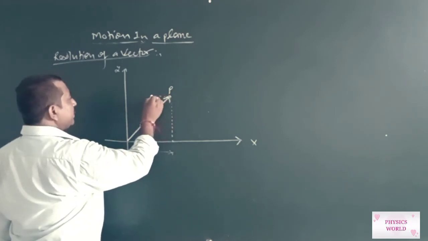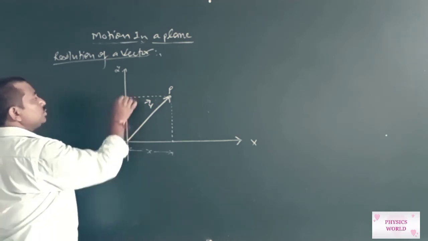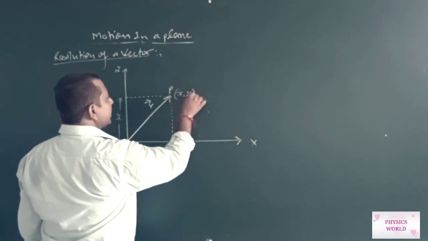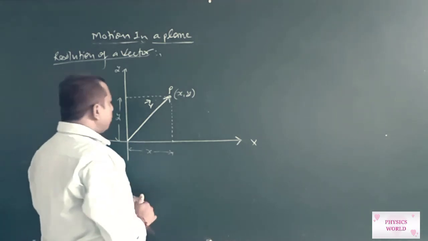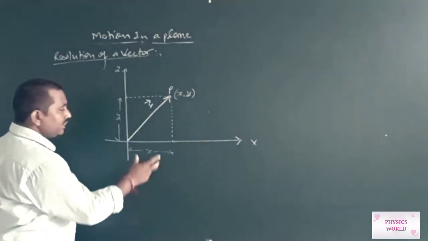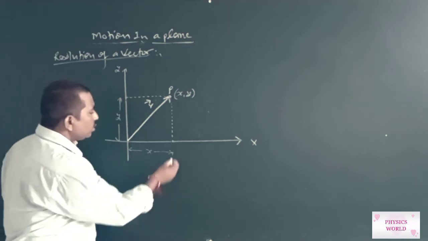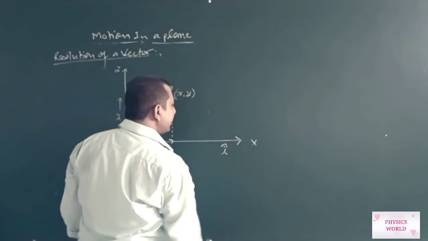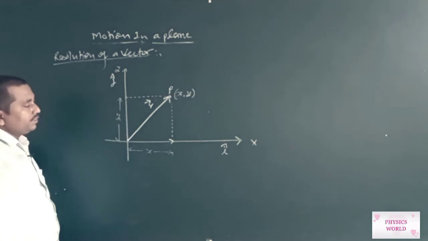The perpendicular drawn on the y-axis, at a distance y from the origin, gives y. Then the position coordinate of this point can be expressed as x comma y. Suppose this x and y are the distances along the x-axis and y-axis. So x contains a direction, say i cap, and y contains a direction, that is j cap.